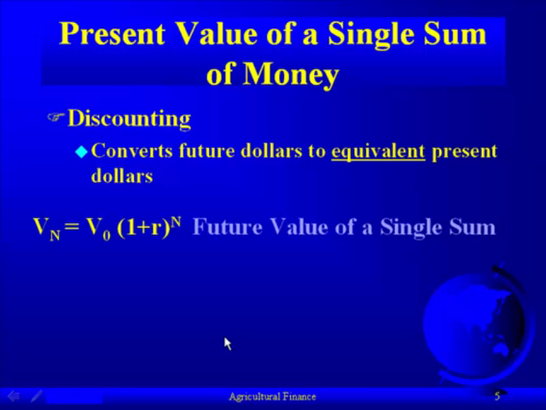First, we'll start with the formula that we've already presented, the future value of a single sum of money. We'll do some arithmetic by dividing it by (1 plus r) to the nth power, which is 1 plus the interest rate raised to the number of periods. If we do that, we have the future value divided by this factor of (1 plus r) to the nth.